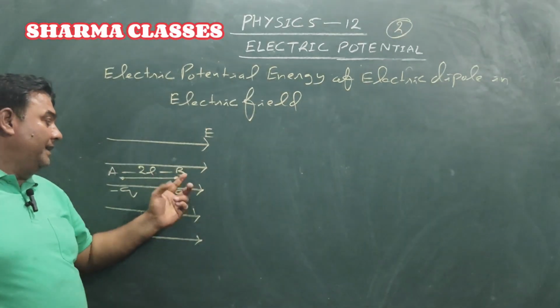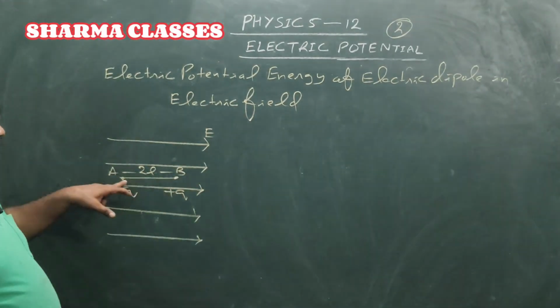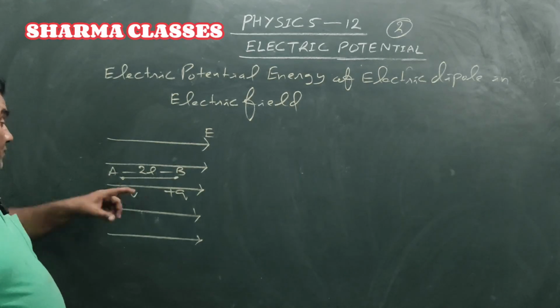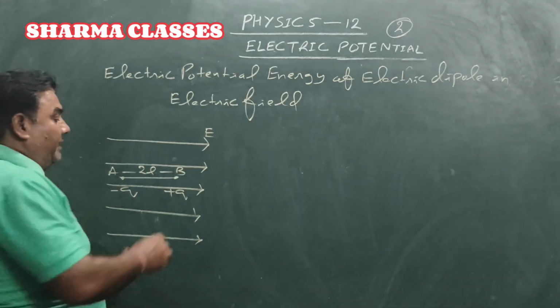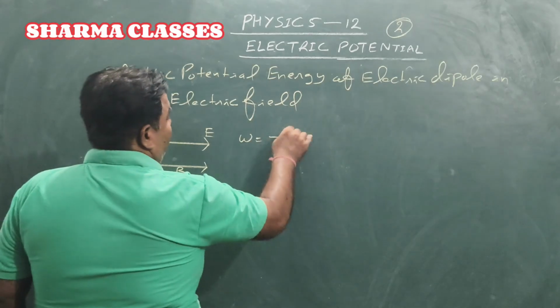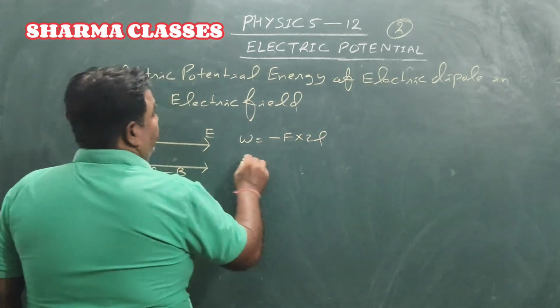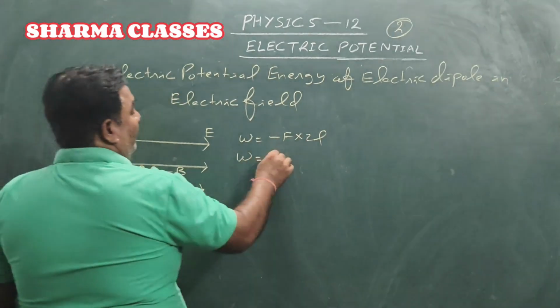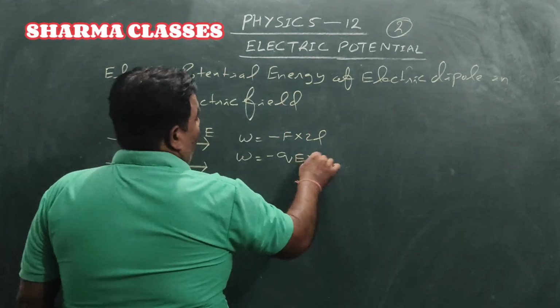That is why they cancel, and the minus q charge covers more distance by 2L. So the net work obtained by taking this charge from infinity into the electric field is minus F into 2L.